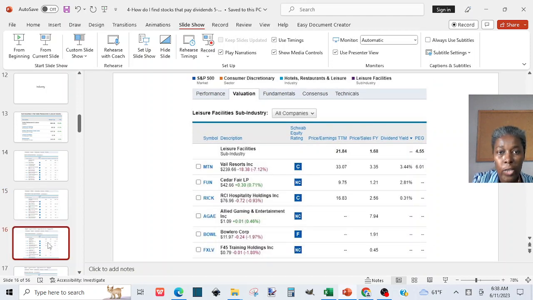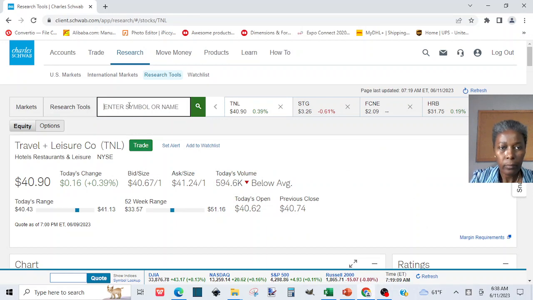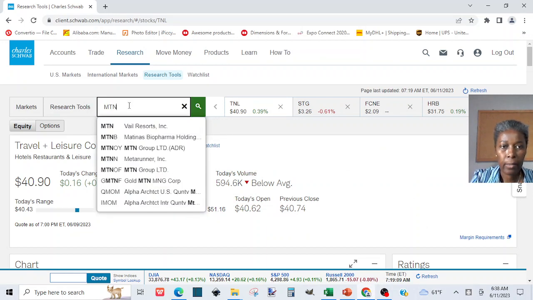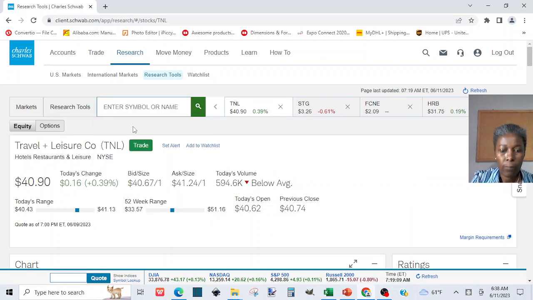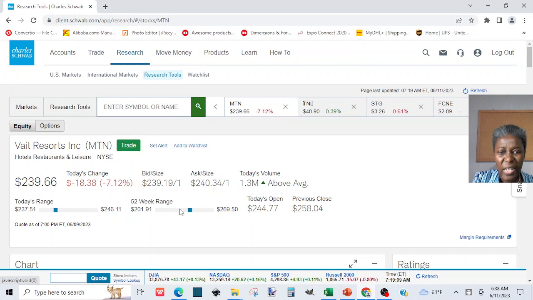We have leisure facilities, and we have Vail Resorts Inc., MTN. So we will click on it, and it's even closer to the highest, but let's check the market it is sold on, and that's New York Stock Exchange.